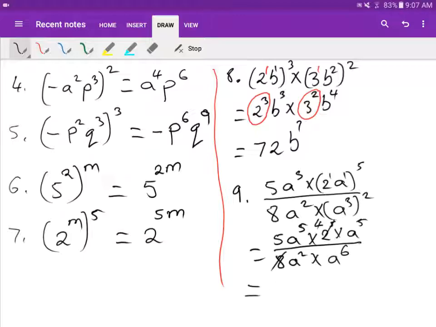I just write it down first. 20. a power 5 times a power 5 is a power 10. And then a squared times a power 6 is a power 8. And then what you do? a power 10 divided by a power 8 is 10 minus 8 is 2. So 20 a power of 2.